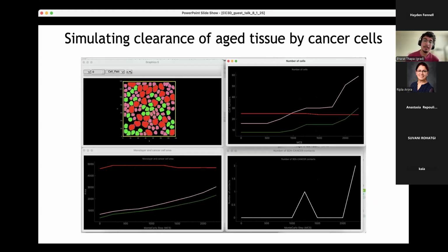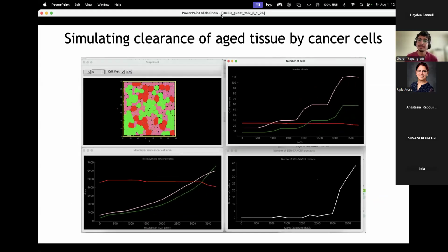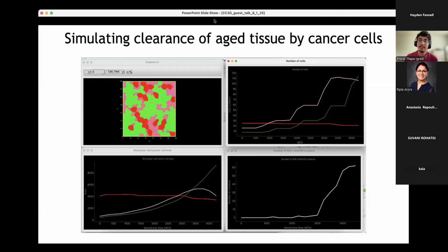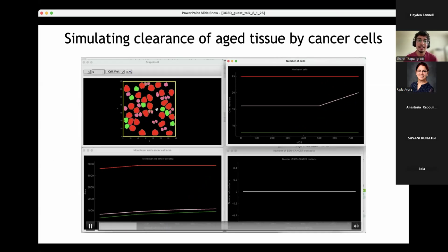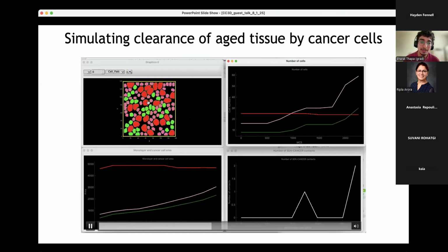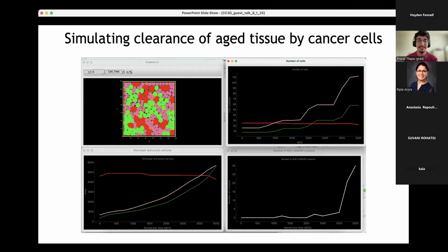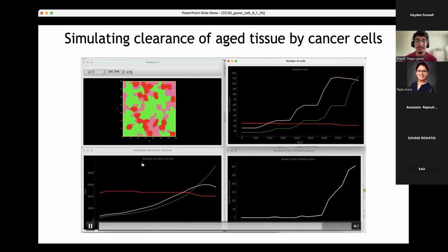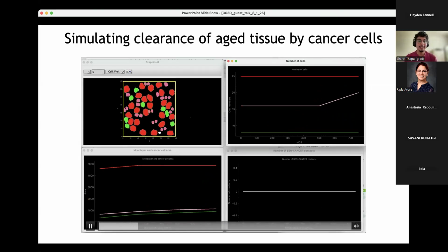So on the left top is the cell field, where you have different types of cells. And I'm going to be talking about what cell type is what. It should be pretty evident by now. I've tried to keep it color-coded, where cancer cells are in green, big red cells are the senescent cells, and the young cells are in pink.